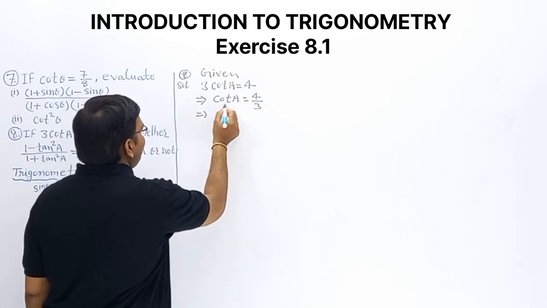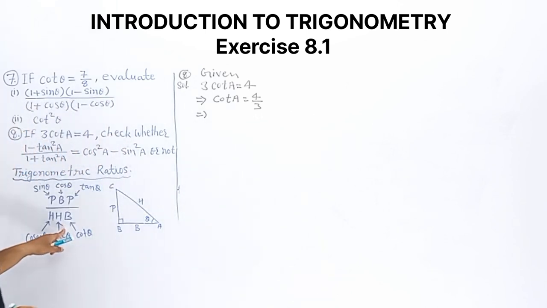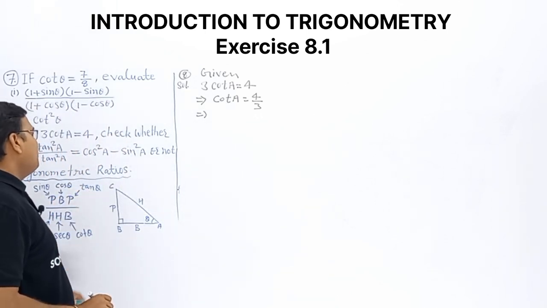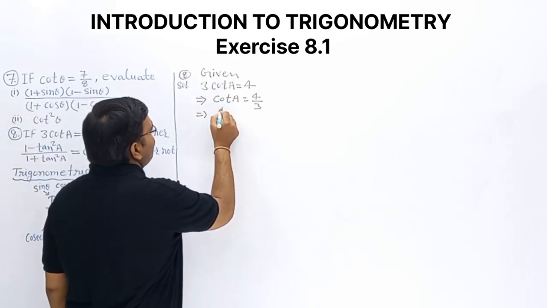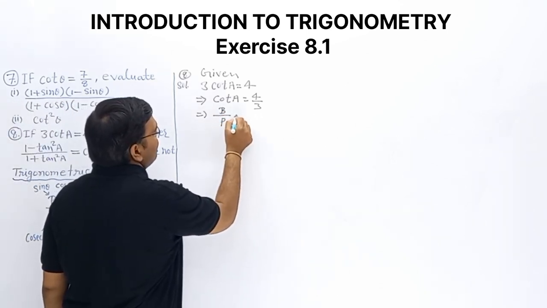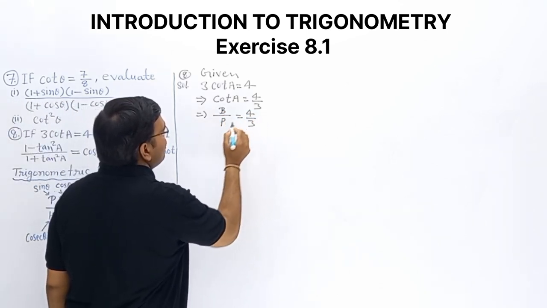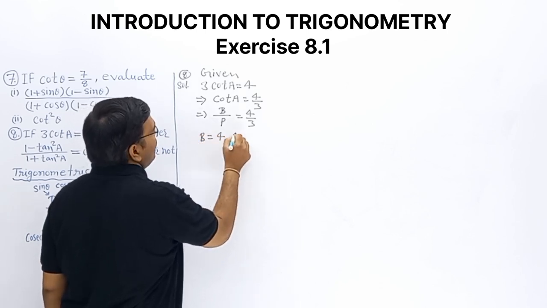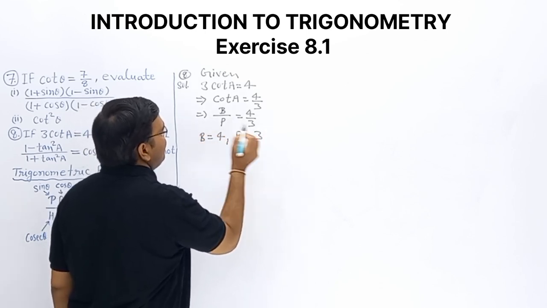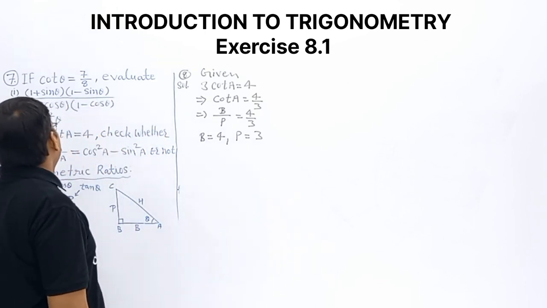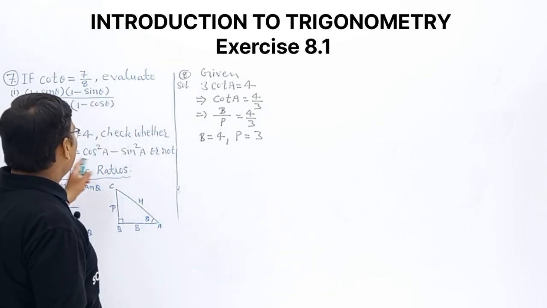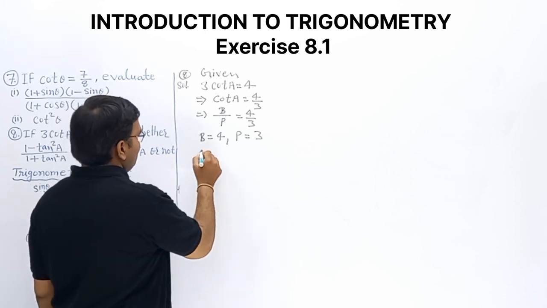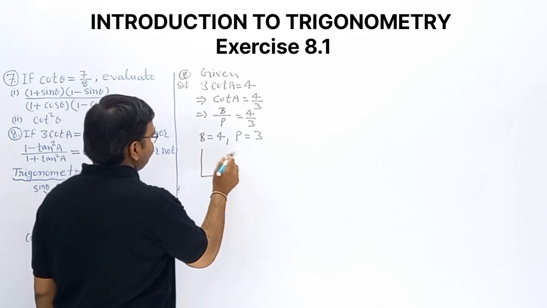And what is cot A? Cot A is the reciprocal of tangent A. Tangent A is P upon B, so cot A will be B upon P. B upon P will be 4 upon 3. So from this equation we can say B equal to 4 and P equal to 3. Clear? So in which we want to show, we require the third side also, so I am drawing a diagram.